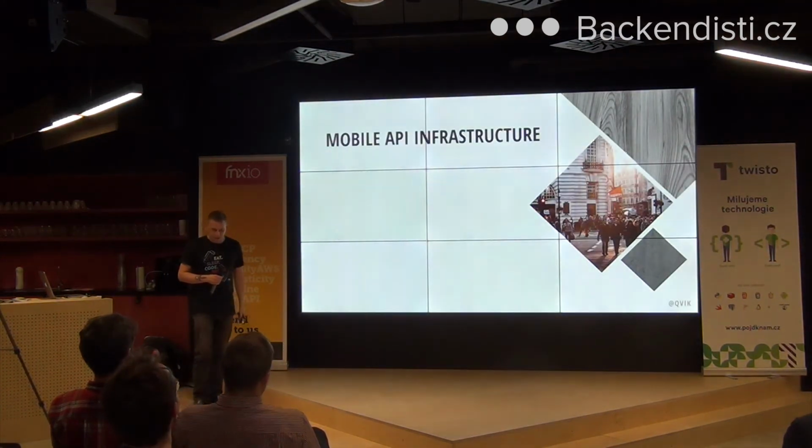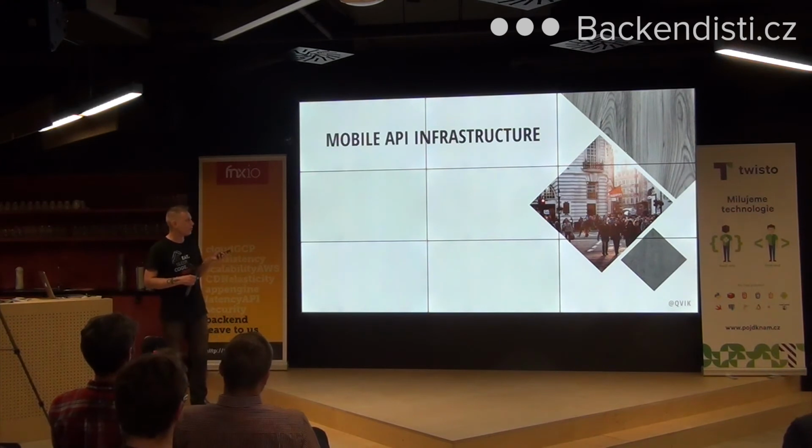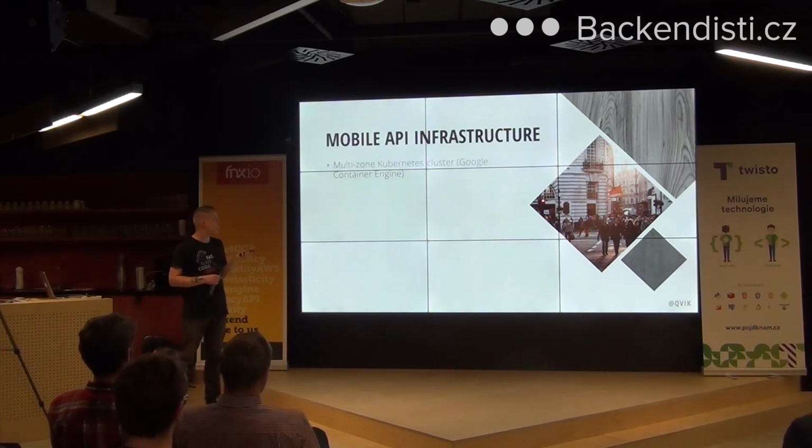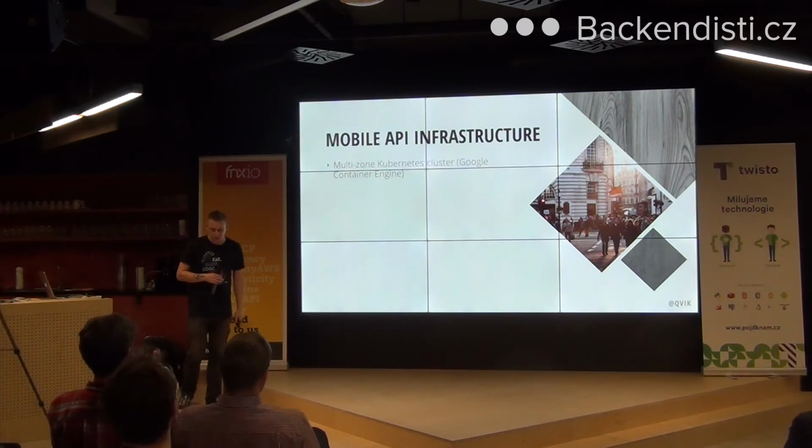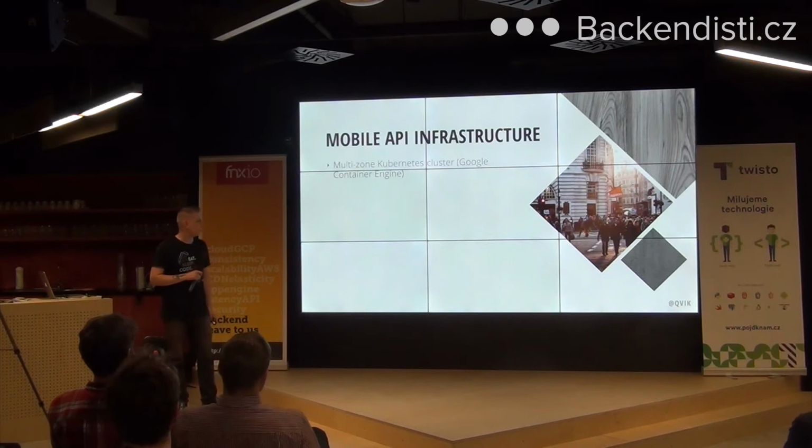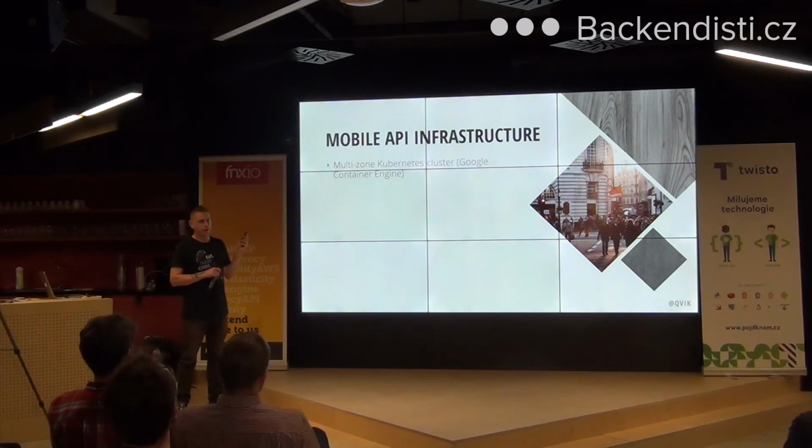So then the more interesting thing, in my opinion, is the mobile infrastructure. Like I said, we use the Kubernetes cluster running on Google Container Engine, so we don't have to manage the master node, and multi-zone for higher availability.